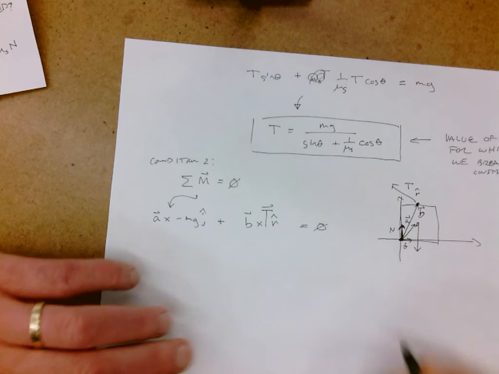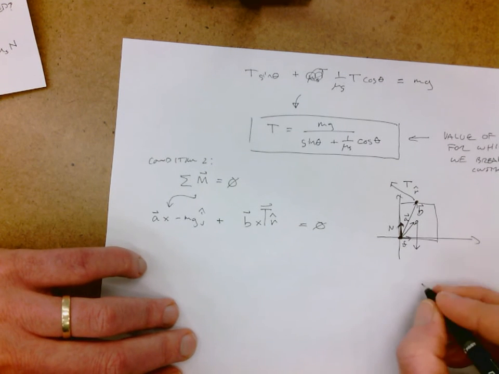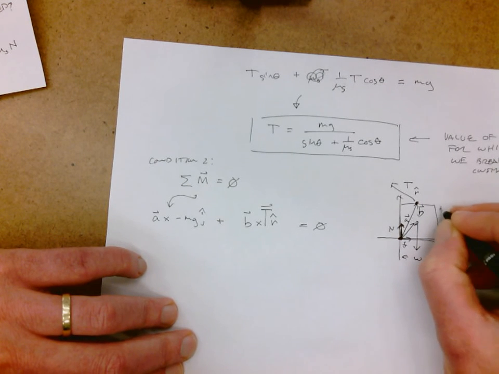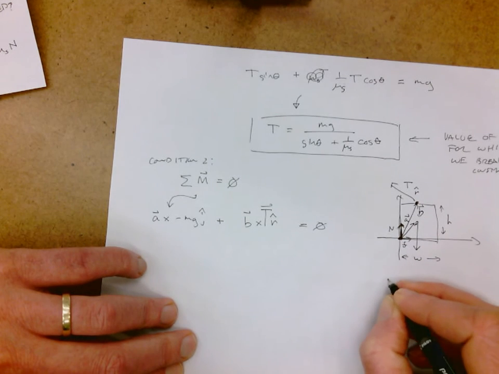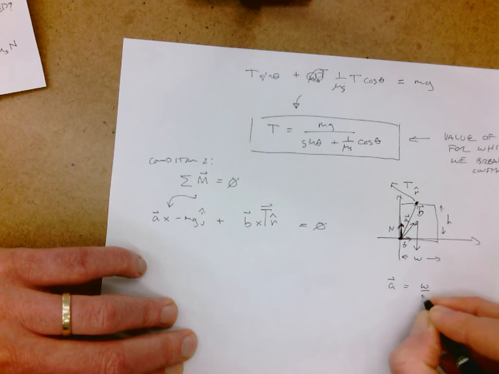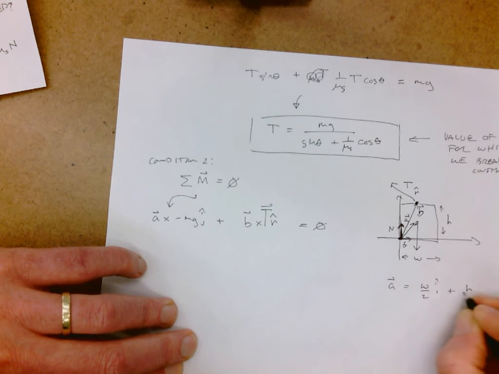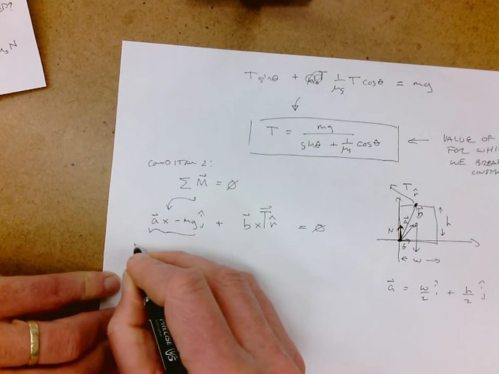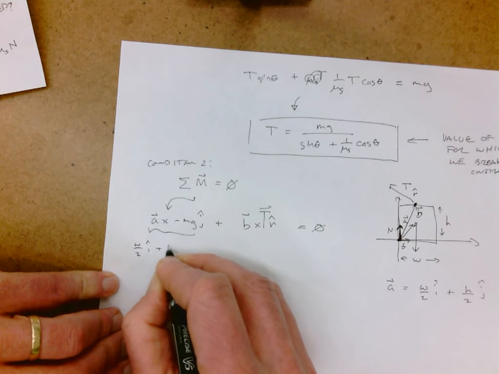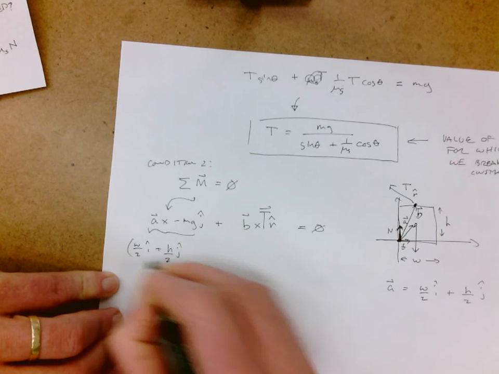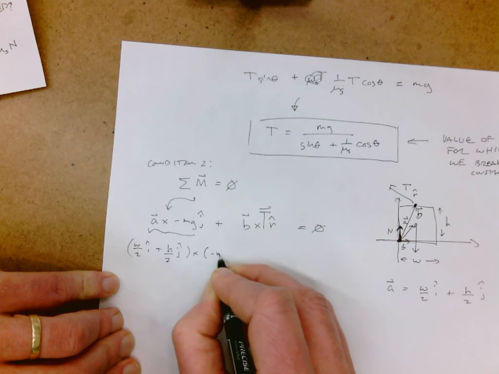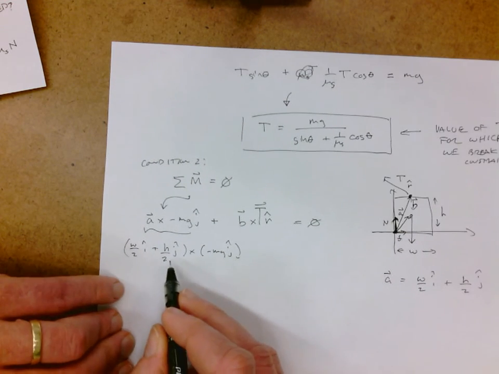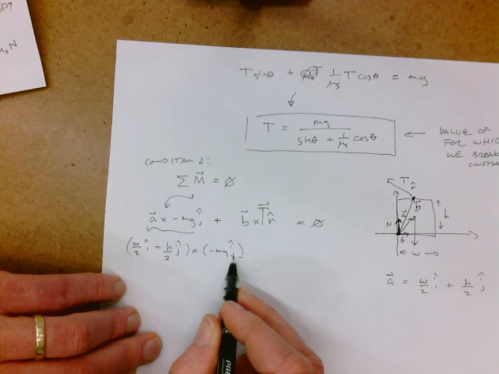Well, let's think about that for a second a little bit more explicitly. If this block is some width w, and some height h, what's A vector? Well, A vector is equal to w on 2 i hat plus h on 2 j hat, right? So this is w on 2 i hat plus h on 2 j hat, quantity crossed with minus mg j hat. i hat cross j hat is k hat. j hat cross j hat is 0.